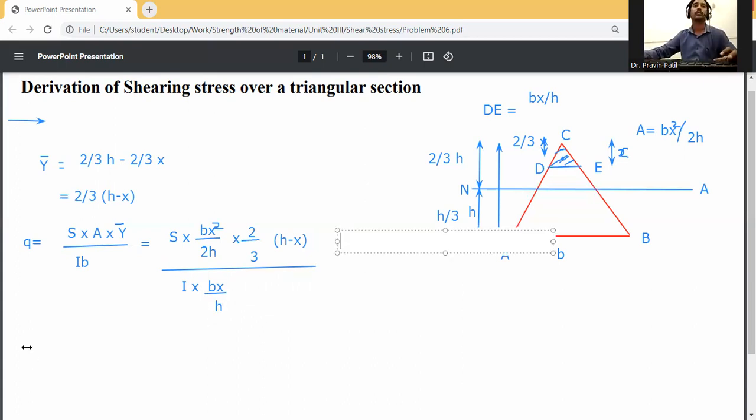Okay, so simplify this equation. Q is equal to, this b will get cancelled, this x and x square will get cancelled, this h and this h will be cancelled, and these two and these two will get cancelled.